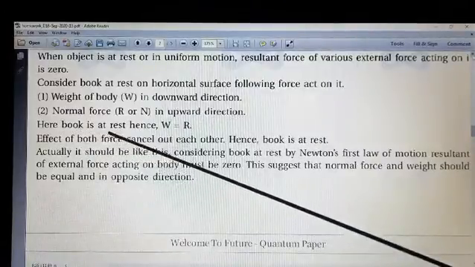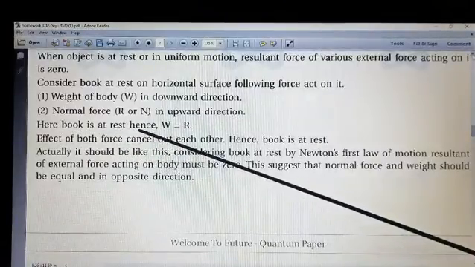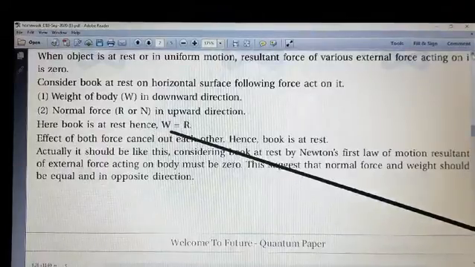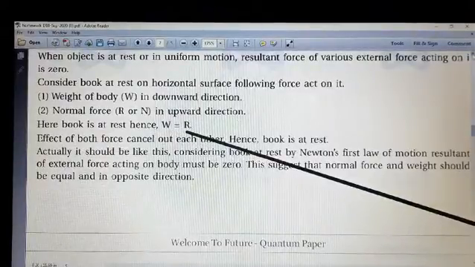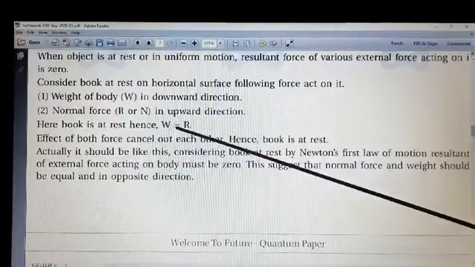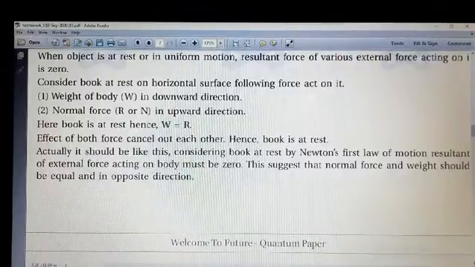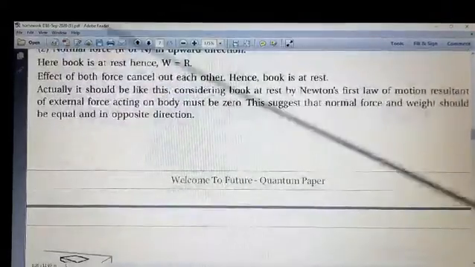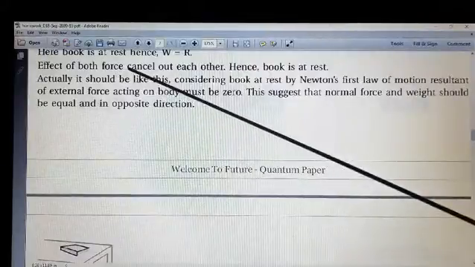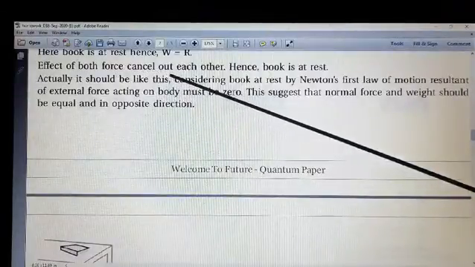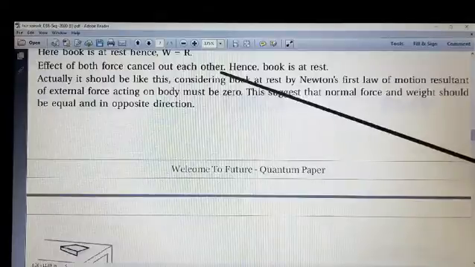Here the book is at rest, hence its weight and normal force are both equal and in opposite directions. So the total force on the book is 0. In fact, both forces cancel out each other.